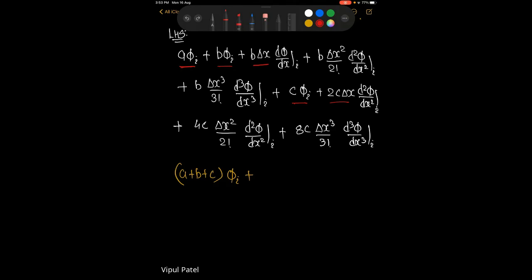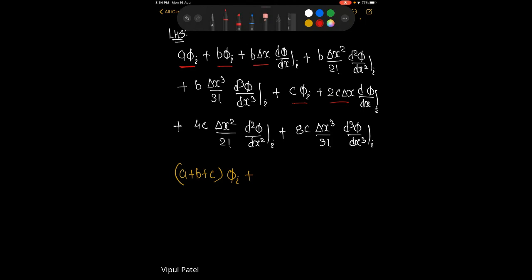It seems like I have missed that particular term. Okay, let me check. I think yeah. So I have c phi I plus 2c delta x. Okay, so there is a mistake here. This is actually d phi by dx. Okay, and here I have a d square phi by dx square, right?